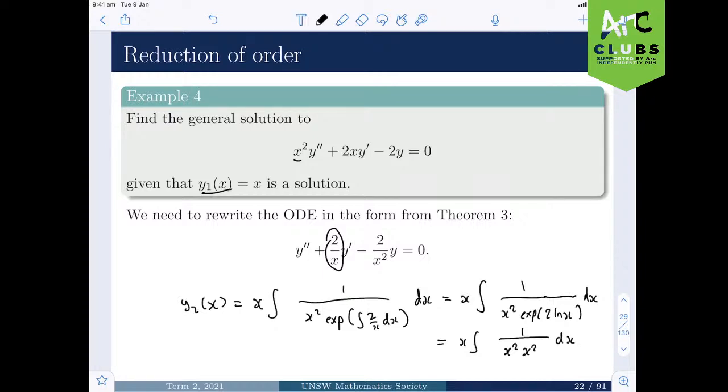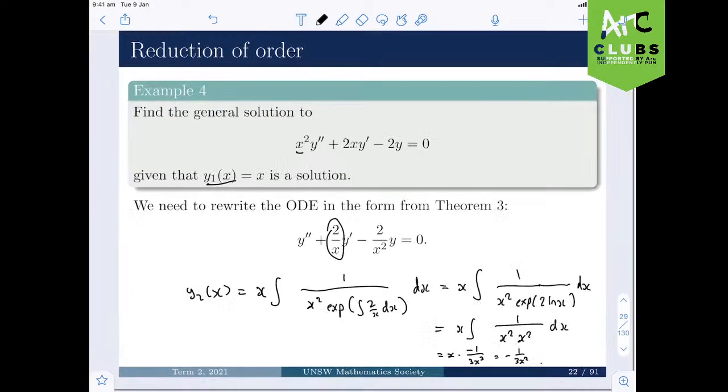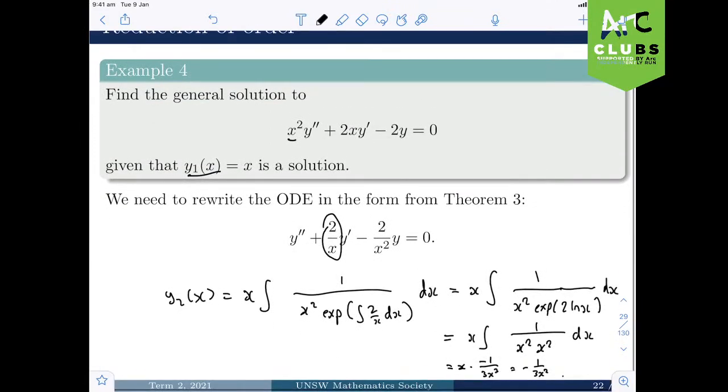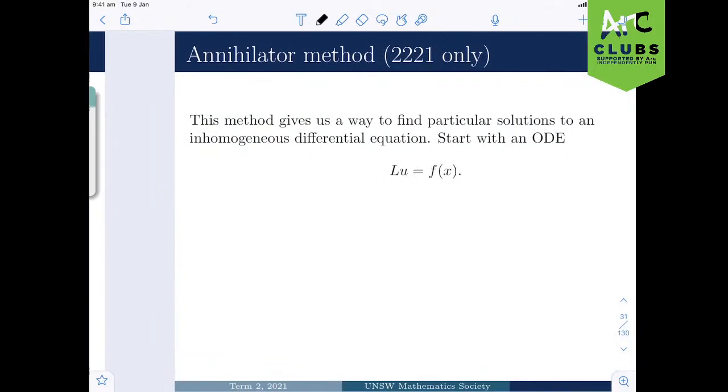And so, running out of space, we get x times the integral of 1 over x to the 4, which is minus 1 over 3x cubed, which is minus 1 over 3x squared. And that's a second solution. These are just written again in the lecture notes, not the revision session notes, if you want them.